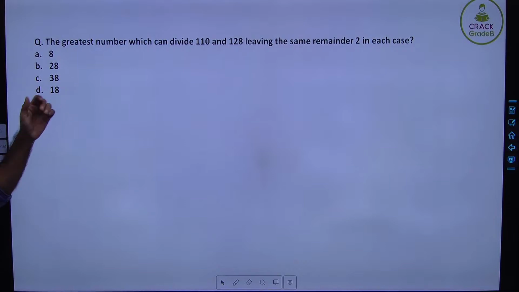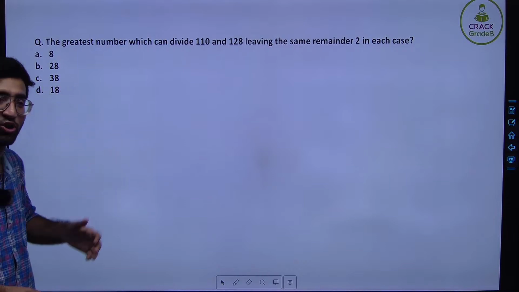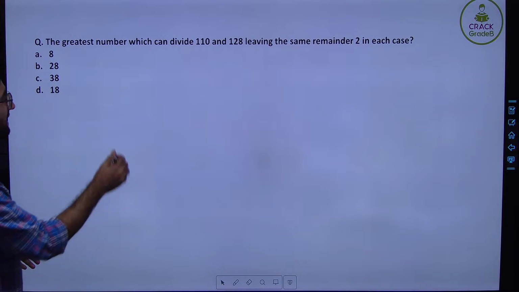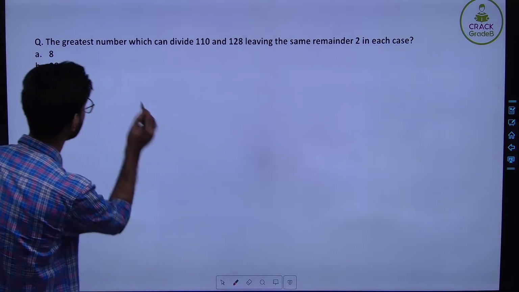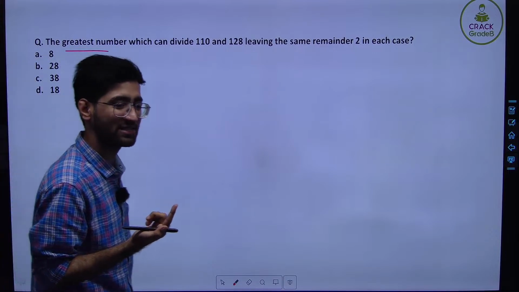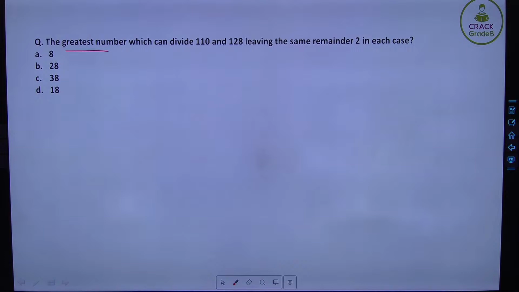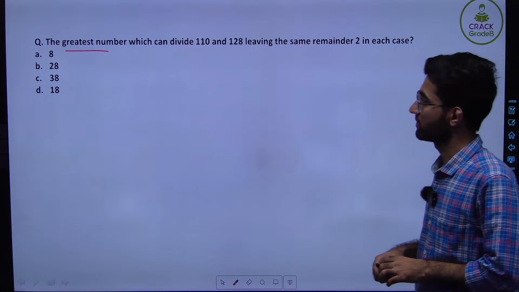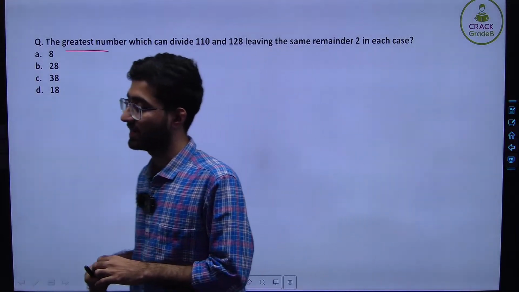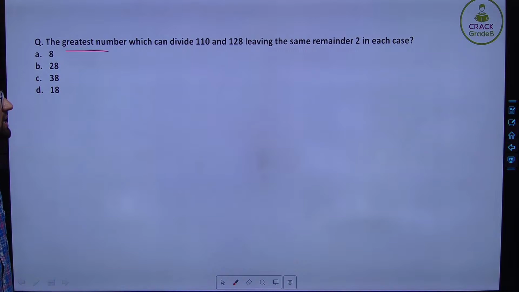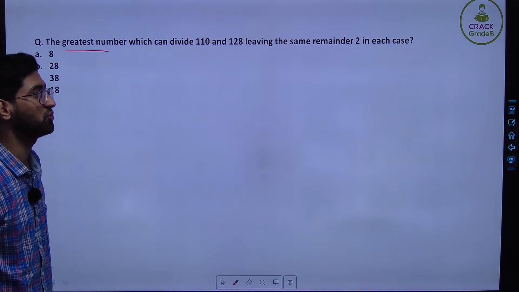Now again you can read the question, again you can use options. Now read the question carefully. The greatest number. At least think for HCF once, or you can use options. The greatest number which can divide 110 and 128, leaving the same remainder 2 in each case.